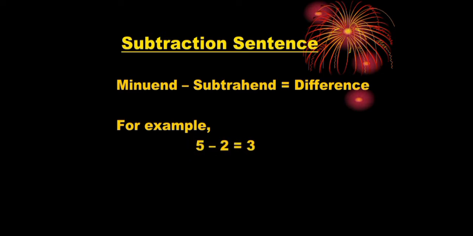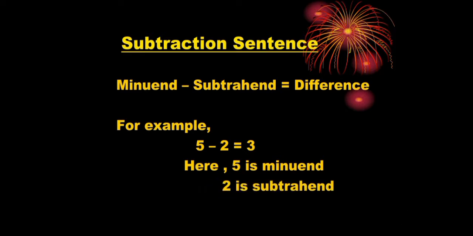The number from which another number is subtracted is called minuend. Here 5 is minuend. The number that is subtracted is subtrahend. So 2 is subtrahend. The answer we get after subtraction is difference. My answer is 3. So here 3 is difference.